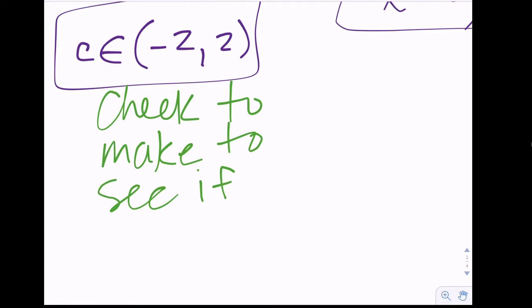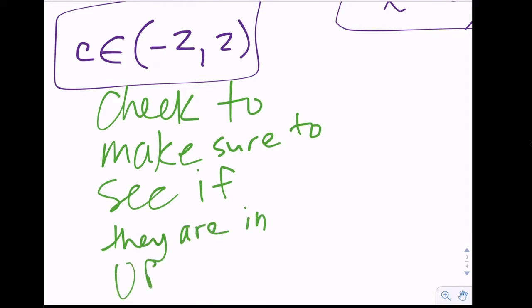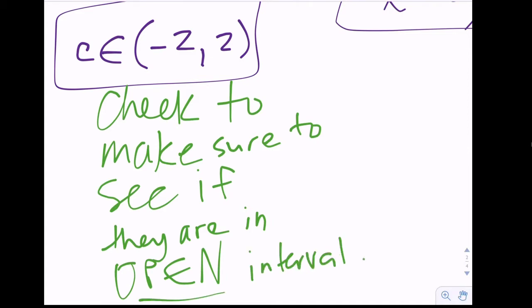Check to make sure to see if they are in the open interval.